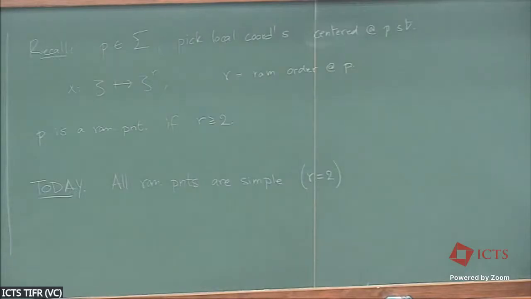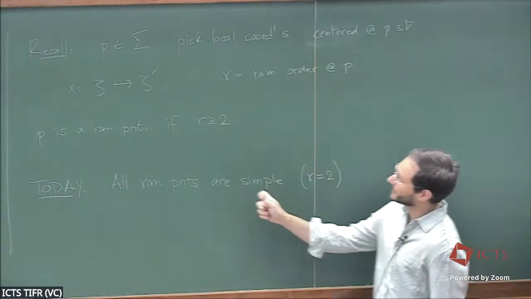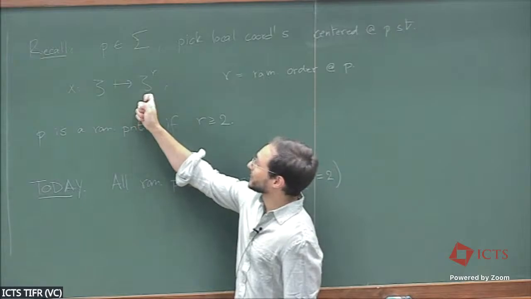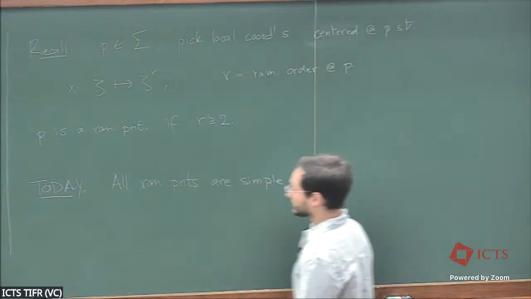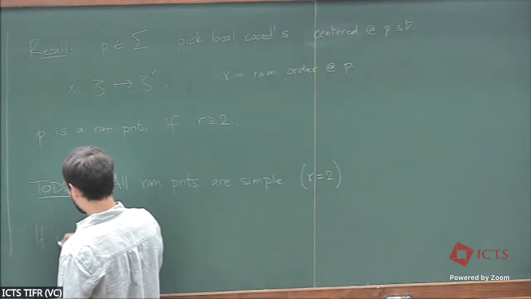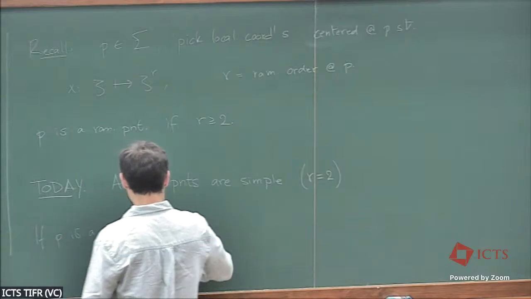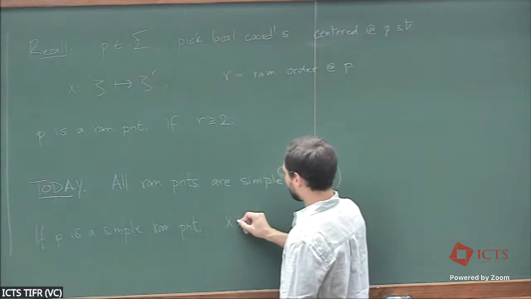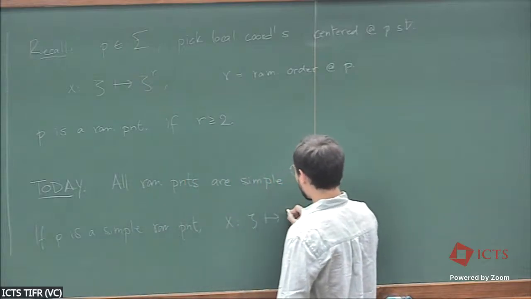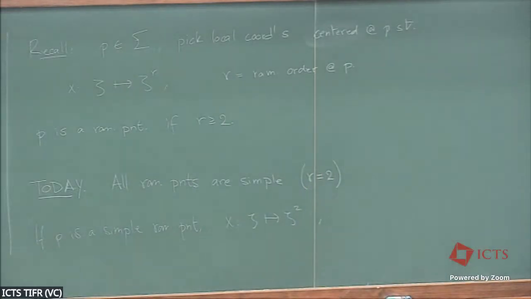Okay. And in this case of simple ramification points, there's something nice that you can define locally around each ramification point. So if P is a simple ramification point, meaning that x is locally zeta maps to zeta squared, then you can locally define around P an involution.